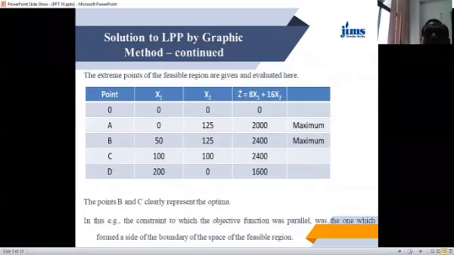So the objective function z is equal to 8x1 plus 16x2. Obviously at the origin, x1 and x2 both are 0, so z will be 0. At A, x1 is 0, x2 is equal to 125. So when we put x1 as 0 and 16 into 125, it is equal to 2000.